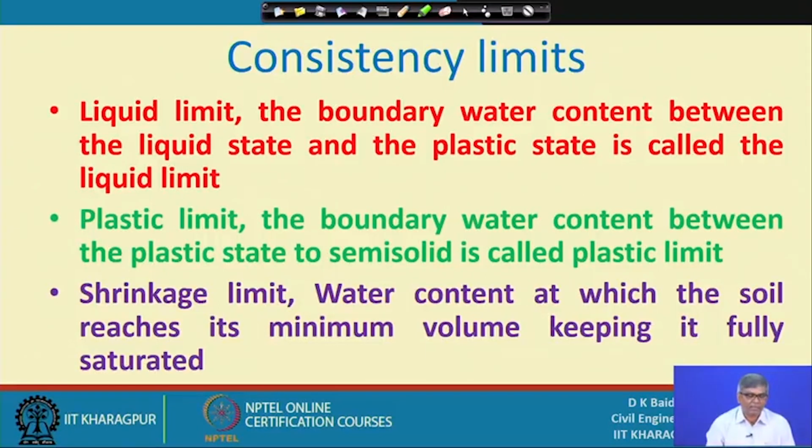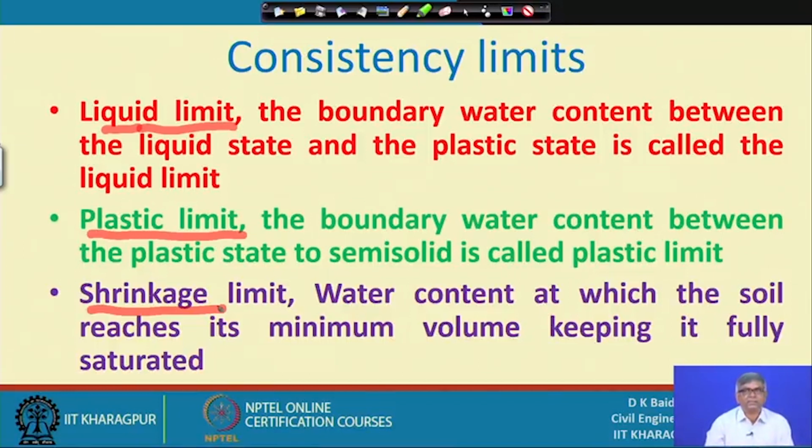Atterberg gave 3 limits, that is, one is the liquid limit, another is the plastic limit, and one more is the shrinkage limit. And generally fine grained soil will have these limits. The more fine particles, the more plastic in nature it will be, and obviously we will have this liquid limit, plastic limit, shrinkage limit depending upon their composition.